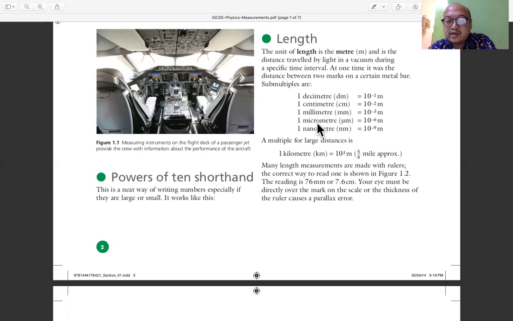Let's say we know about coulombs, charge: microcoulomb, nanocoulomb, millicoulomb. Milli is 10 power minus 3 coulomb, micro is 10 power minus 6 coulomb, and minus 9 is nano coulomb. One nanocoulomb means 10 power minus 9 coulomb. That's it.